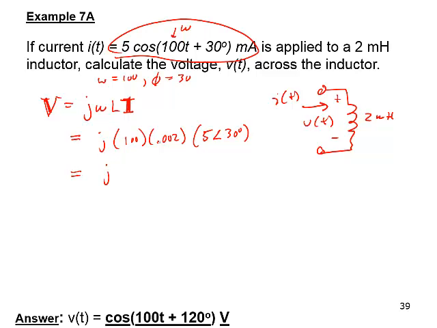When you multiply all this together, that's basically j times 1 angle 30. In general, we don't want to have j in our phasor answer, so we can work that in. This j represents a 90-degree phase shift, right? So 1 angle 90 times 1 angle 30 is going to give us 1 angle 120 degrees.